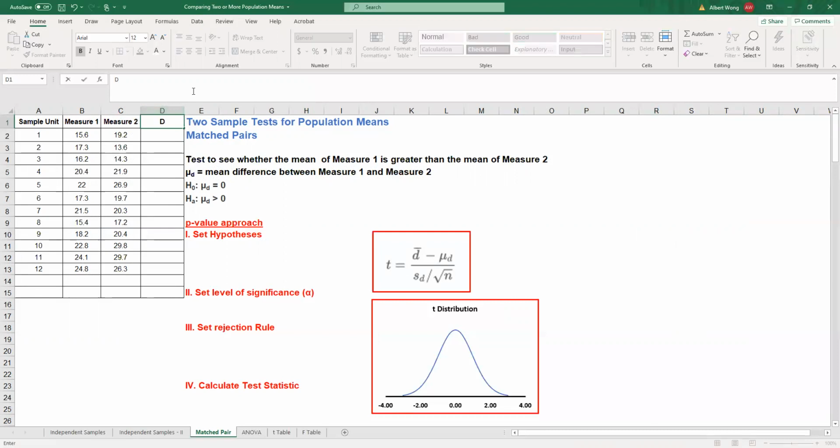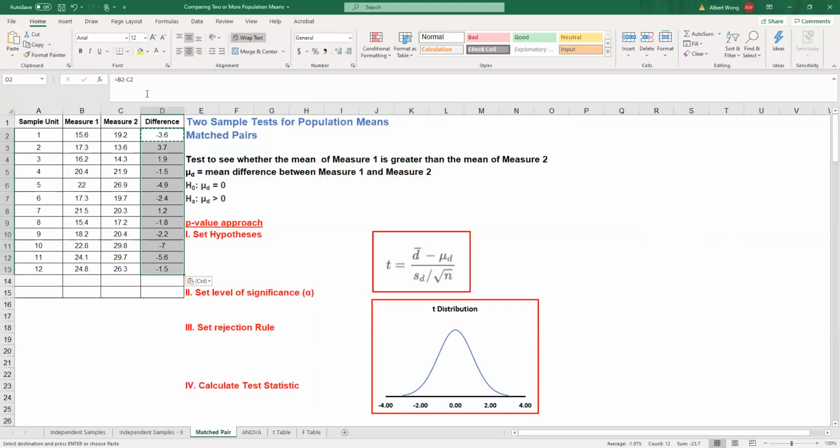So when we have this kind of data, what we usually do, especially if you do it manually, is calculate the difference between the two measurements. So we say, take the difference, B2 minus C2, right? So you do this calculation, and you can just copy it down. And now what you're interested in is to really compare the measurements, right?